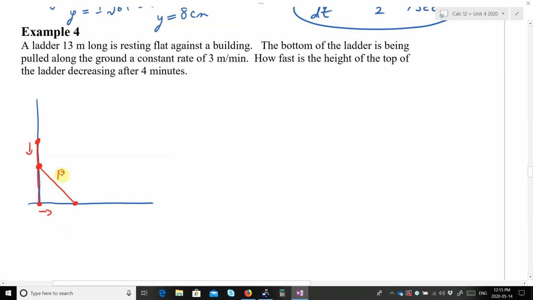Okay, and so it's a 13-meter ladder. The bottom of the ladder is being pulled along the ground at a constant rate of 3 meters per minute, so let's call that our x length. And so that's our given, that the change in x with respect to time is 3 meters per minute.